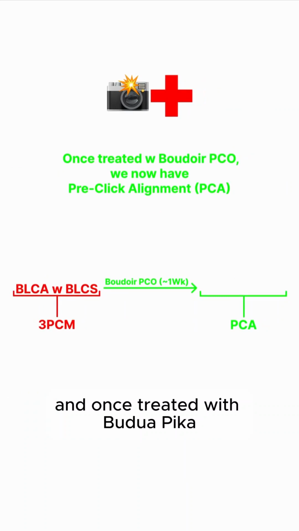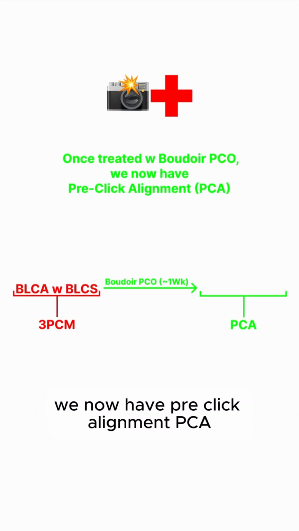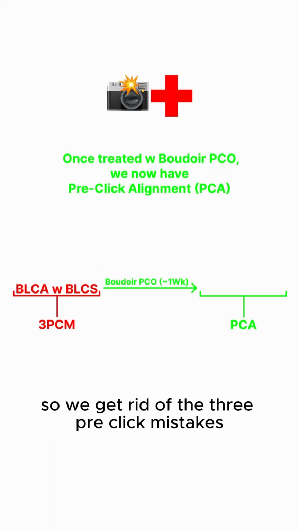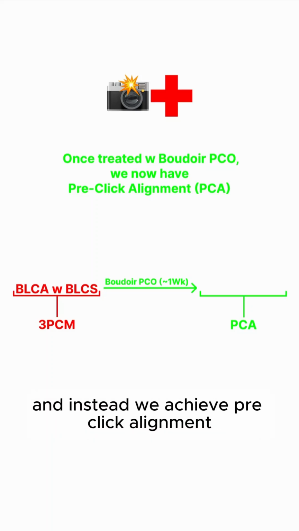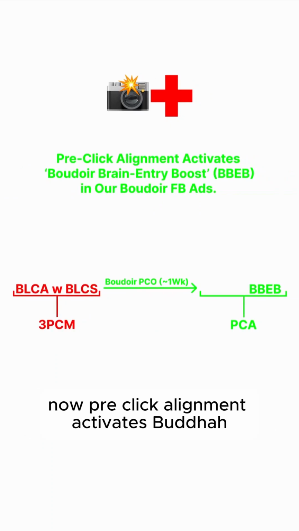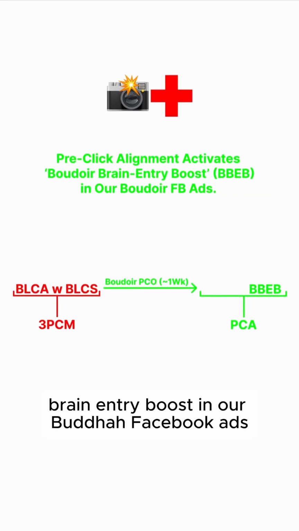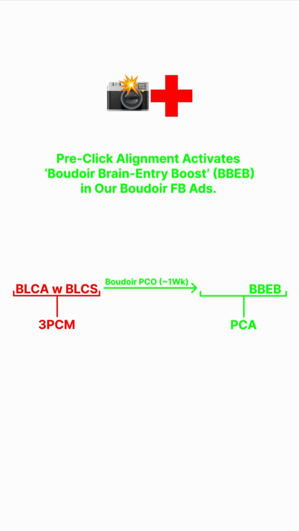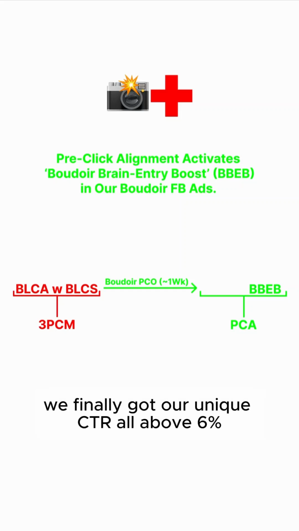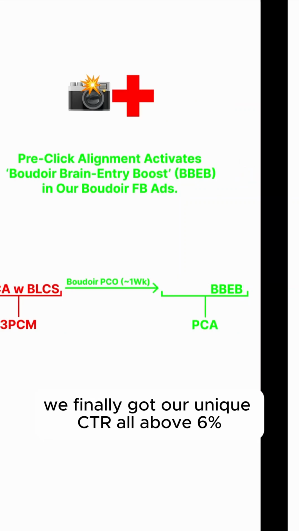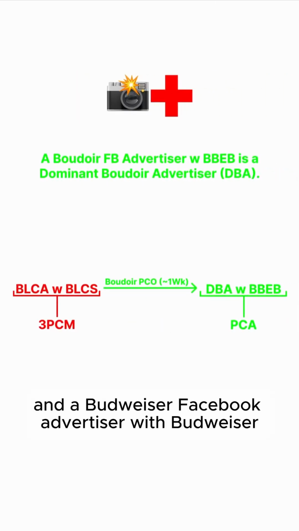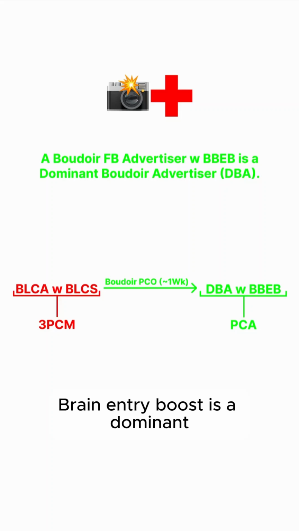And once treated with Boudoir Pico, we now have pre-click alignment, PCA. So we get rid of the 3 pre-click mistakes, and instead we achieve pre-click alignment. Now, pre-click alignment activates Boudoir brain entry boost in our Boudoir Facebook ads. It basically means we finally got our unique CTR all above 6%. And a Boudoir Facebook advertiser with Boudoir brain entry boost is a dominant Boudoir advertiser, or DBA.